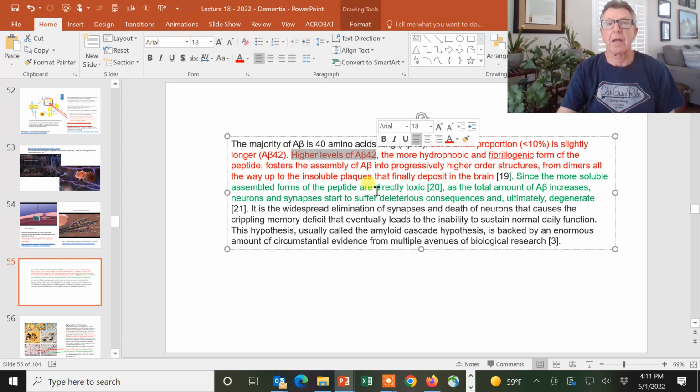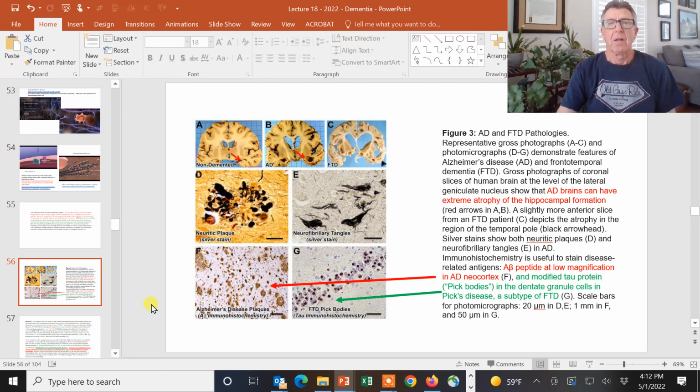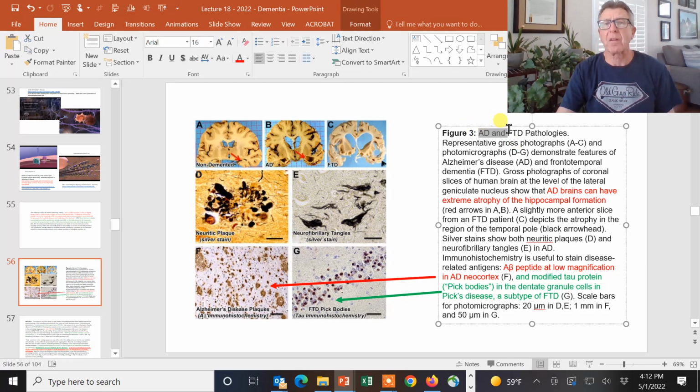There are plenty of articles about this. As we said, there are multiple forms of dementia: Alzheimer's disease, and then frontotemporal dementia. In frontotemporal dementia, you get a lot more of the tau, these are called Pick bodies, than you do the plaques.